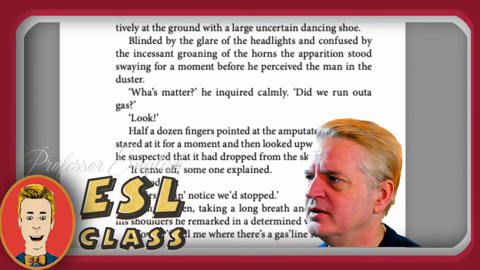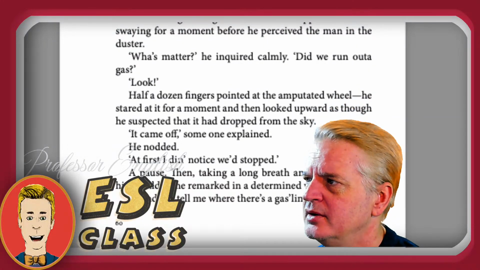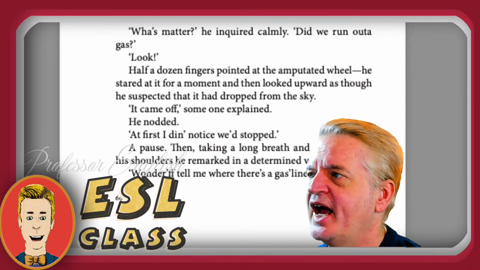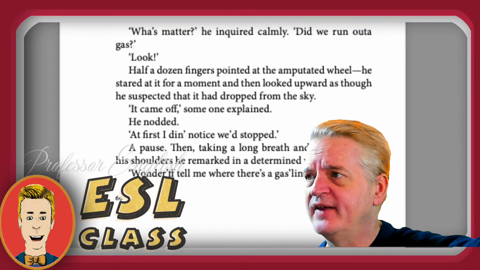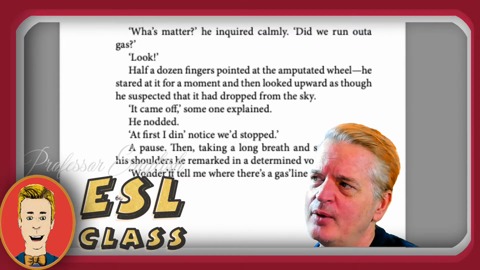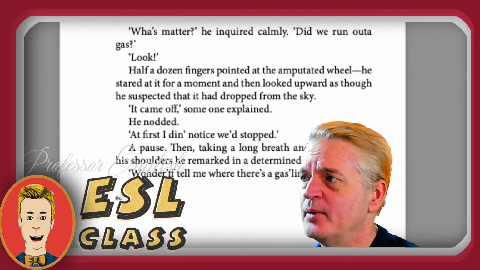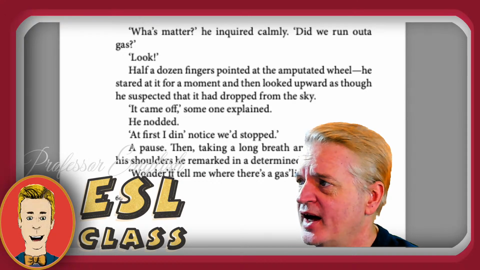What's the matter? He inquired calmly. Did we run out of gas? Look. Half a dozen fingers pointed at the amputated wheel, and he stared as if for a moment and then looked upward as though he suspected it had dropped from the sky.